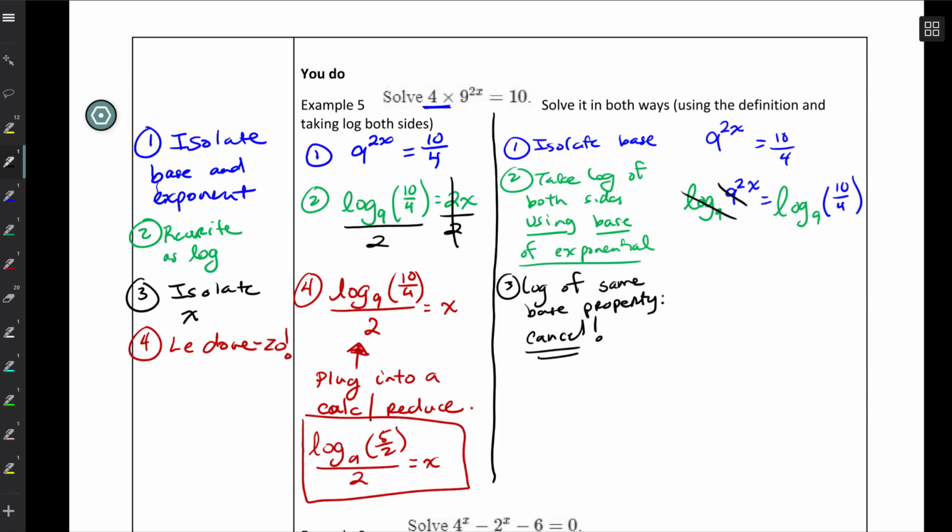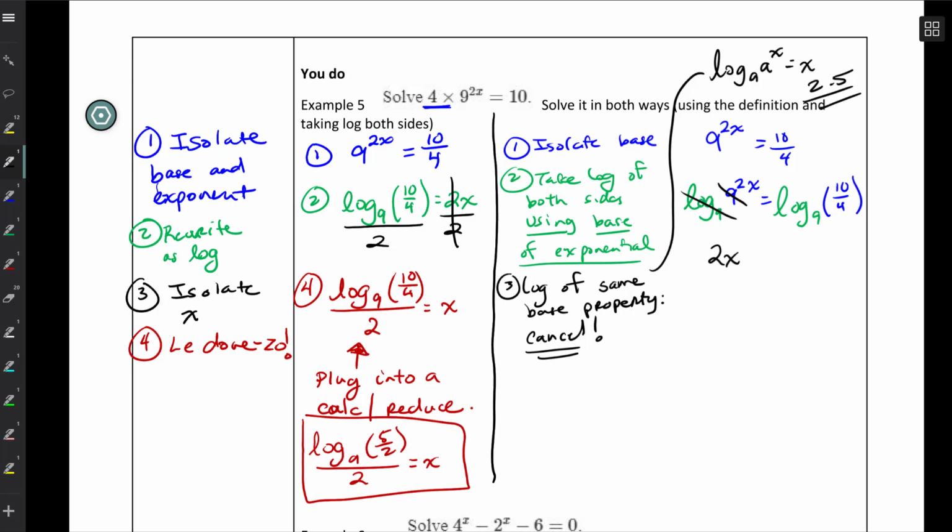You think about those as canceling each other out, and the only thing that you're left with is 2x. The property that we used here is log base a of a to the x equals x. And you can verify yourself with our properties of logarithms notes from section 2.5 that you will see where that comes from.